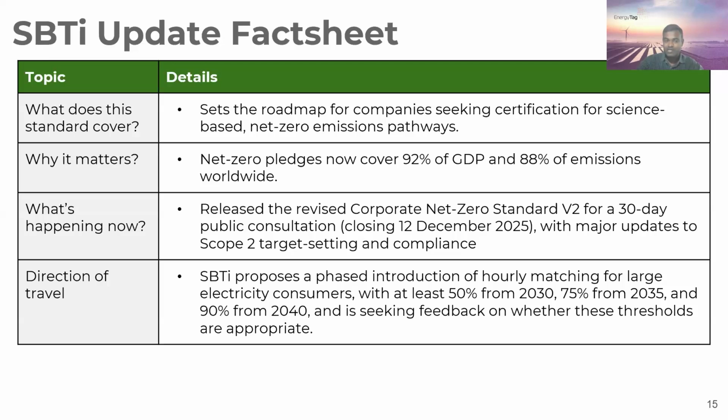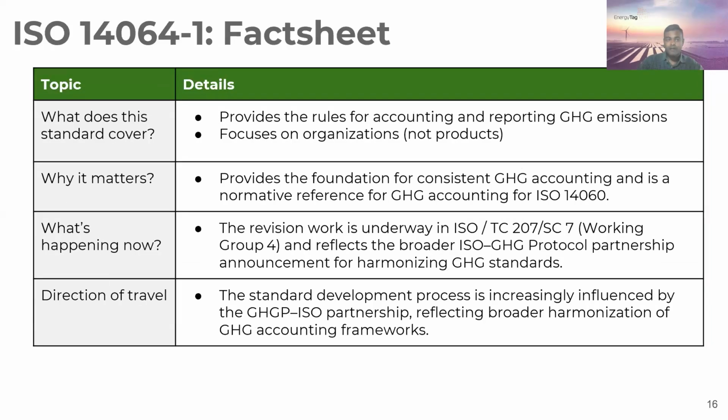In a nutshell, the direction of travel is that SBTi proposes the phased introduction of hourly matching for large electricity consumers, with at least 50% from 2030, 75% from 2035, and 90% from 2040, and is seeking feedback on whether these thresholds are appropriate. If you are interested, you can also participate in this consultation process.